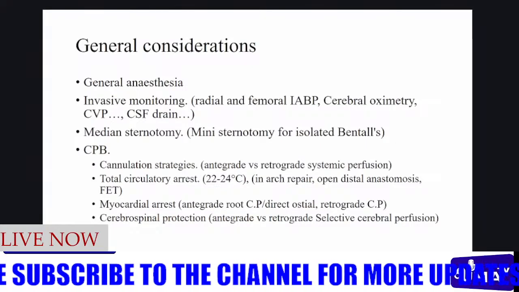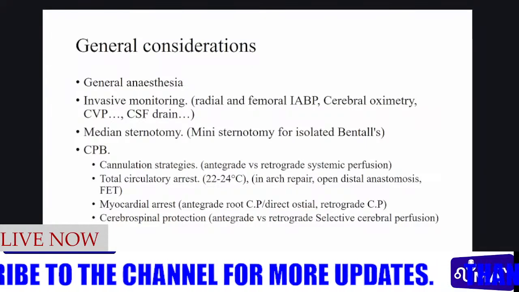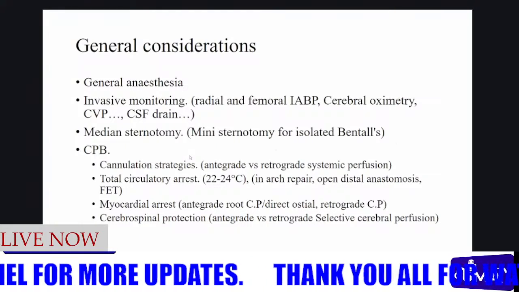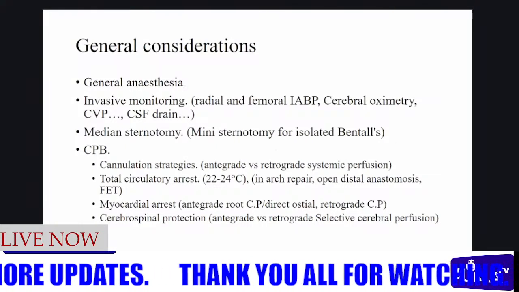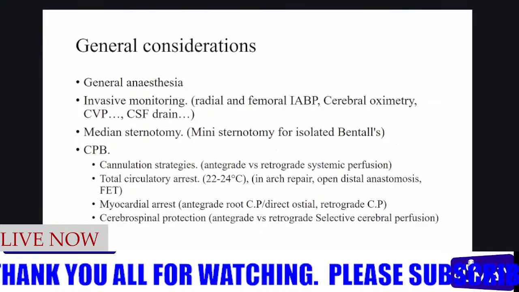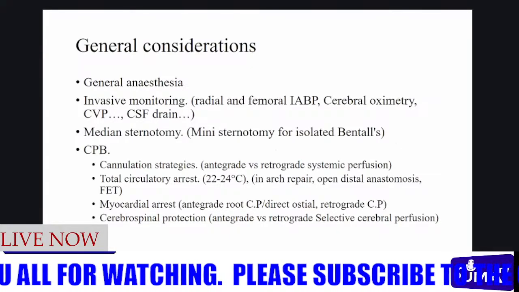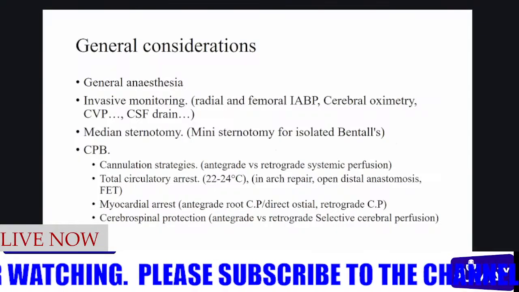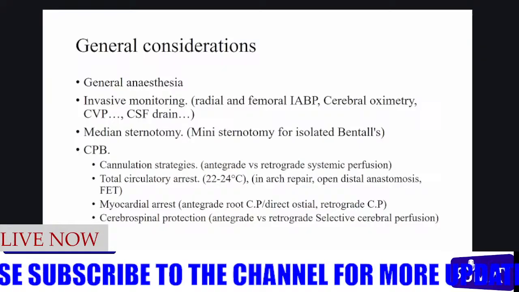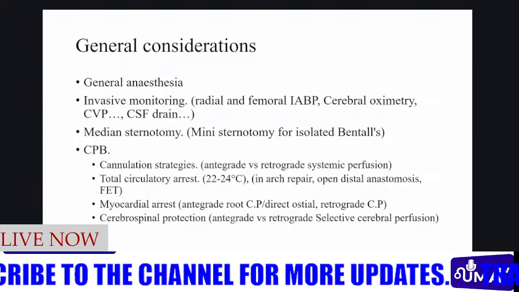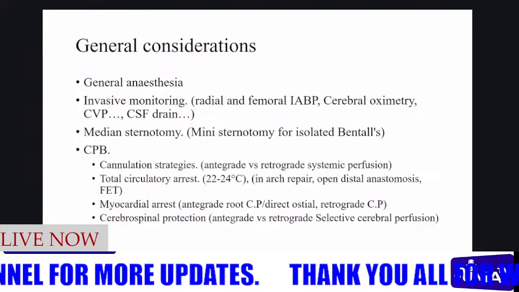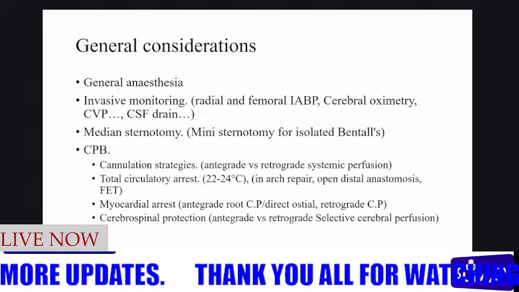Cardiopulmonary bypass is a whole different topic, but in simple terms, you're bypassing the heart and the lung. So you have a machine that drains the patient's venous blood. It's drained from the patient by connecting a cannula on the superior vena cava and inferior vena cava. When you connect a cannula to those two, you drain all the venous blood from the patient and send it to the bypass machine.